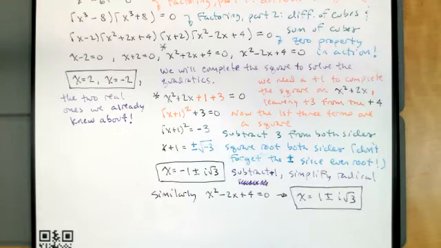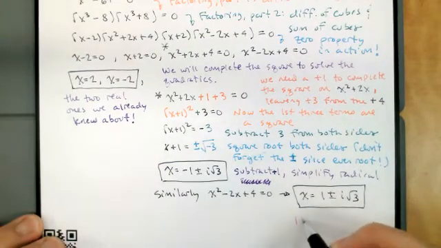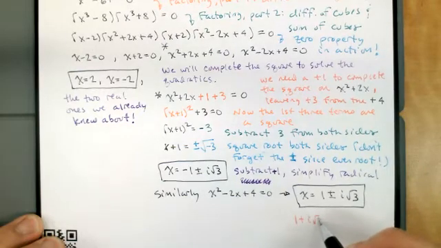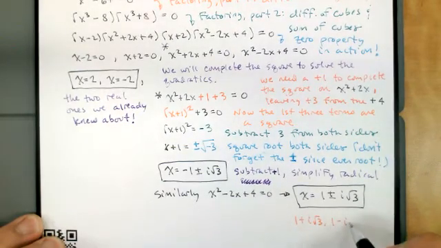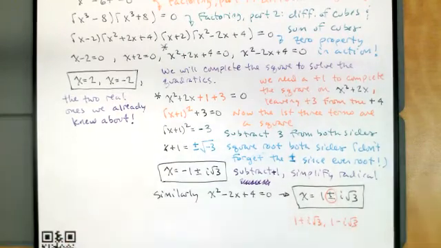Plus or minus makes 2. So it's negative 1 plus i root 3 and negative 1 minus i root 3, and 1 plus i root 3 and 1 minus i root 3. We just get lazy and put the plus or minus symbol.